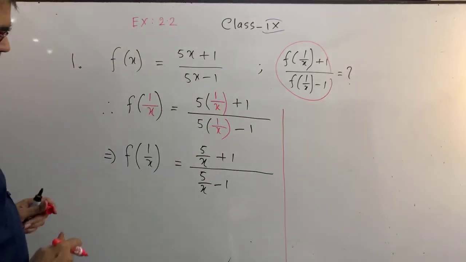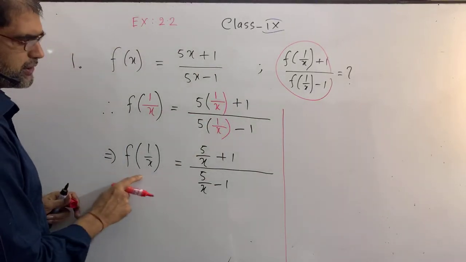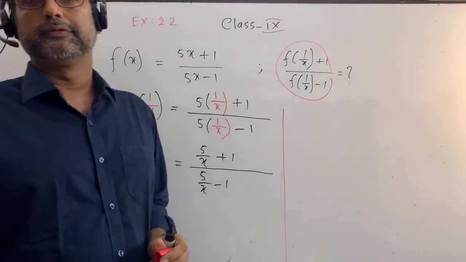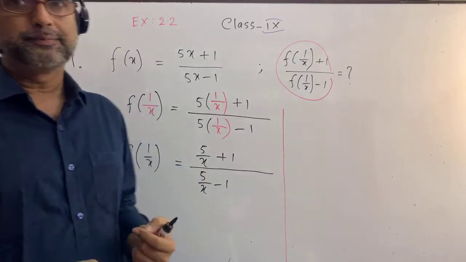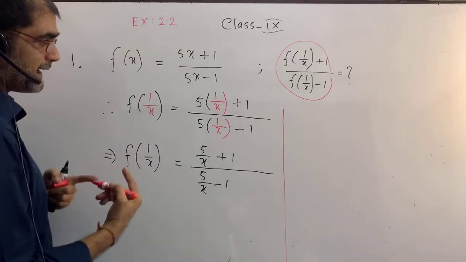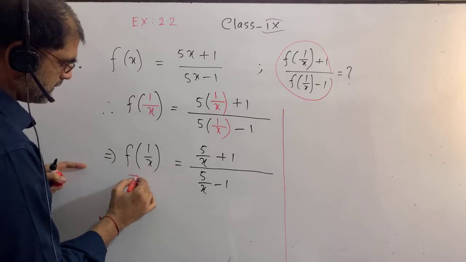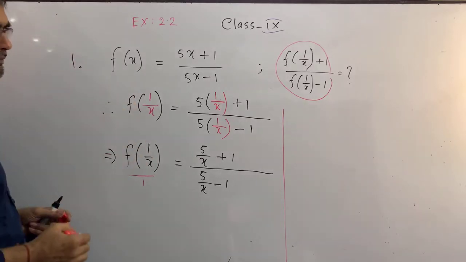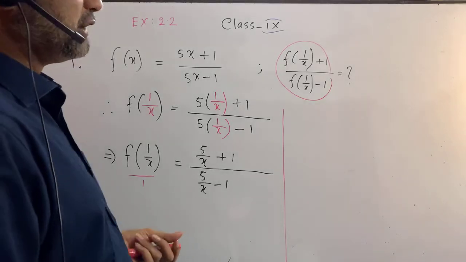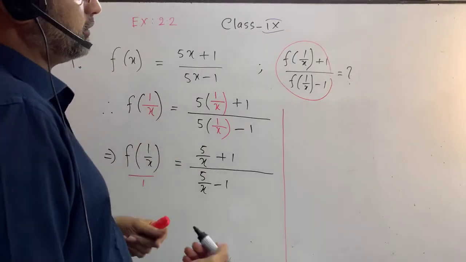Can you tell me please, what is in the denominator here? Here the denominator is 1, right? That means we can let here suppose 1. Now what is componendo and dividendo? In exercise 11.1 you did a lot of maths of componendo and dividendo.